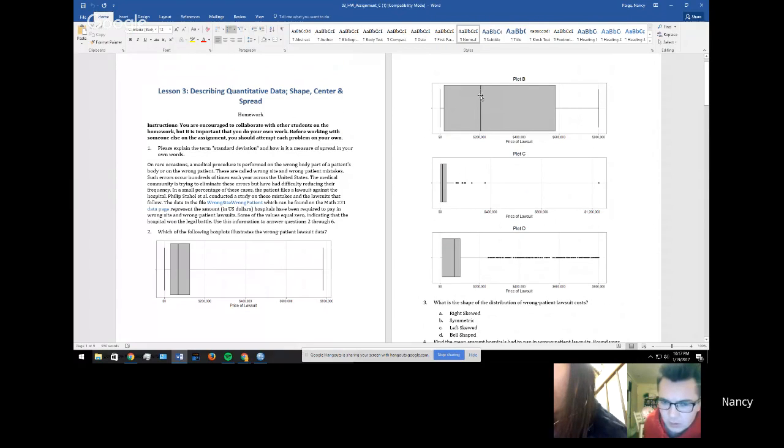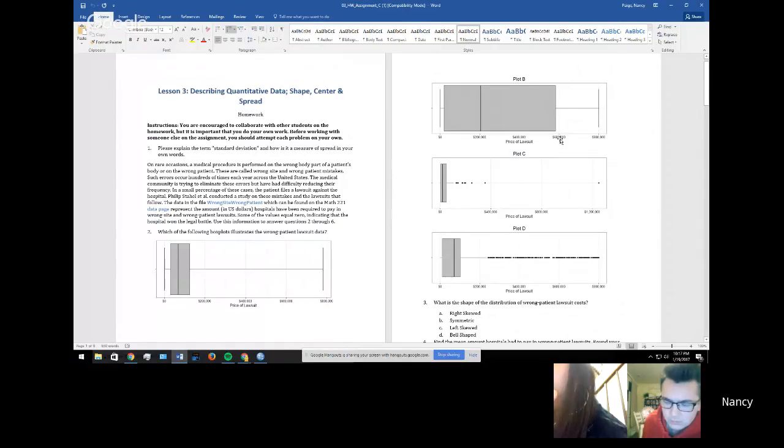Yes, the first line is the minimum, and the last line is the maximum. This one would be the median. And on the edge of the gray box is the third quartile, and the first quartile on the other side of the gray box.